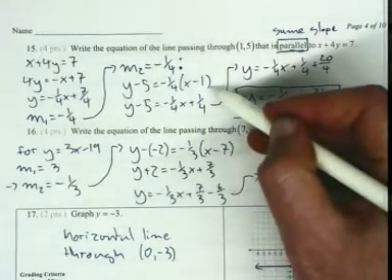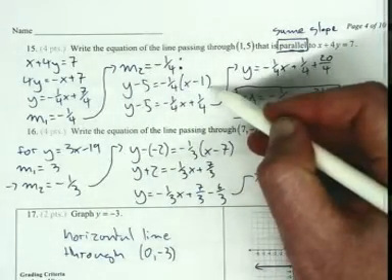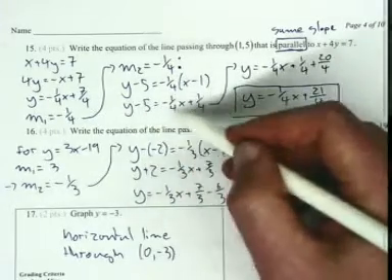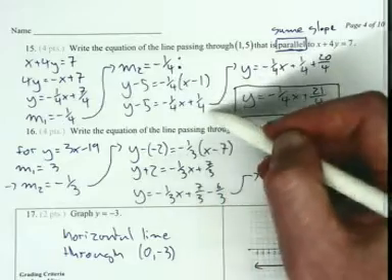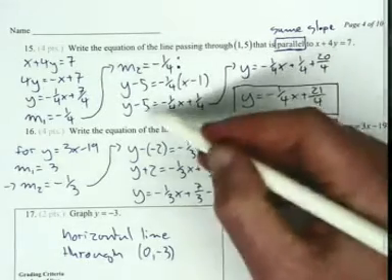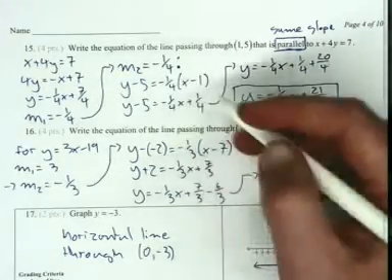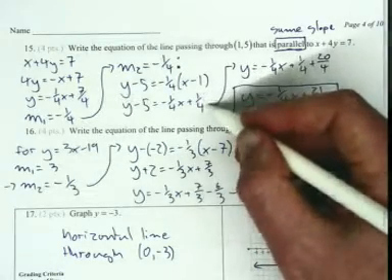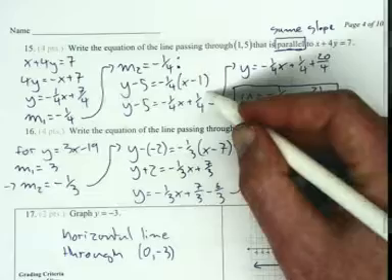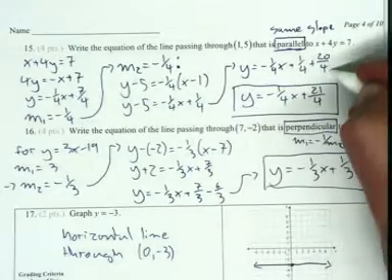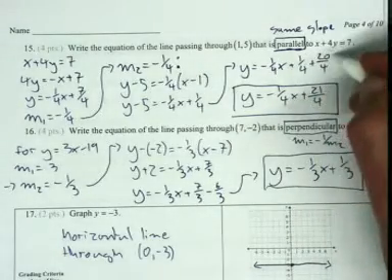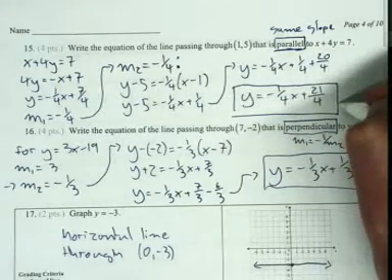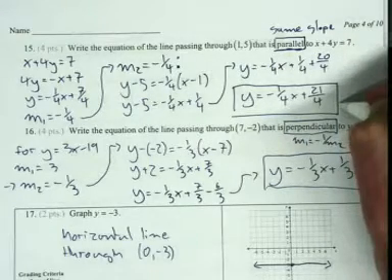Then I plug things into my slope-intercept equation, and I get y minus 5 is equal to negative 1/4 x plus 1/4. And then when you add 5 to both sides, you have to add 5 to 1/4. So we need to rewrite 5 with a denominator of 4, so that's going to be 20/4. So 1/4 plus 20/4 is a 21/4. And this is the answer that we want.